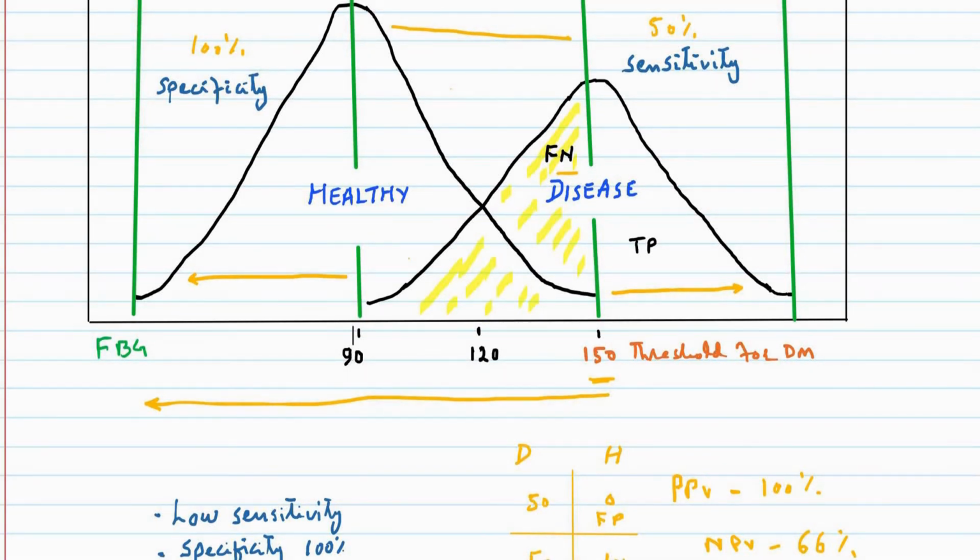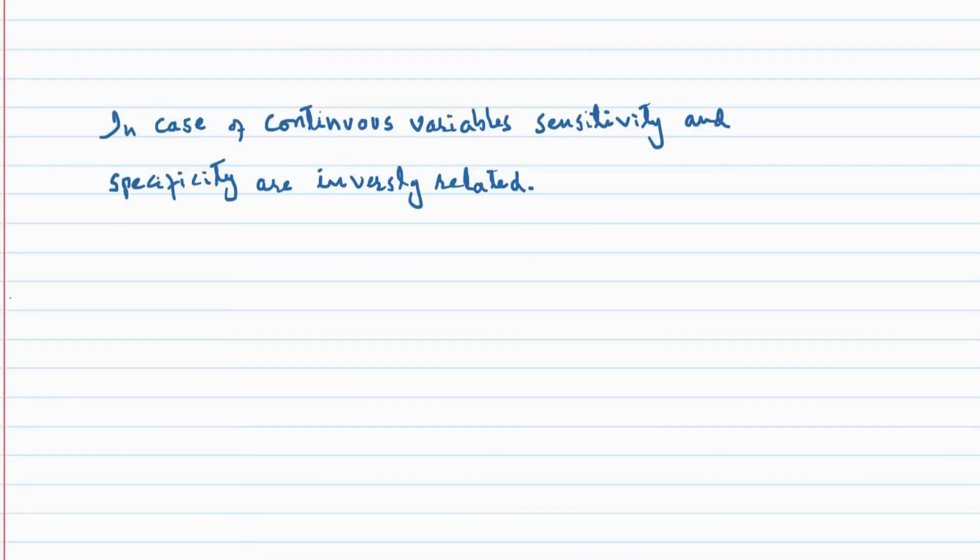So we can perform tests on repeat occasions to know which side they trend, or we can combine this test with additional similar tests like HbA1c to make the diagnosis. We have seen in this example, in the case of continuous variables, how sensitivity and specificity of tests are inversely related.